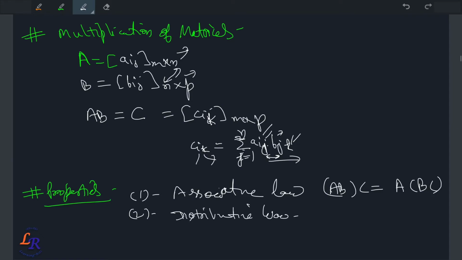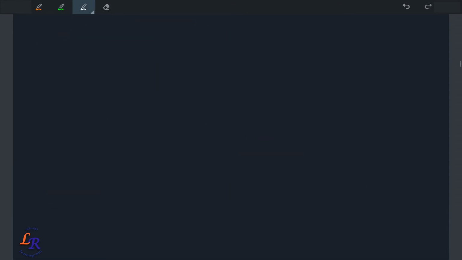You have A plus B multiplied by another matrix C, so it will be given as AC plus BC. Or you can have A times B plus C, which can be written as AB plus AC, right? So that's the difference between the two. The other law which we had seen is the multiplicative identity.